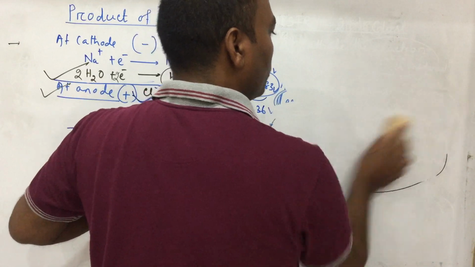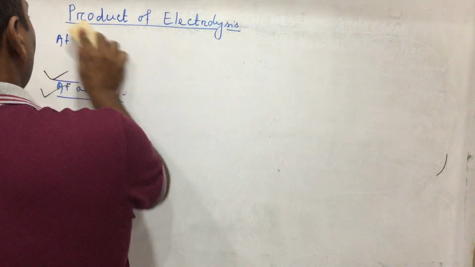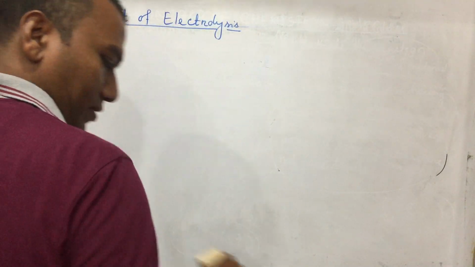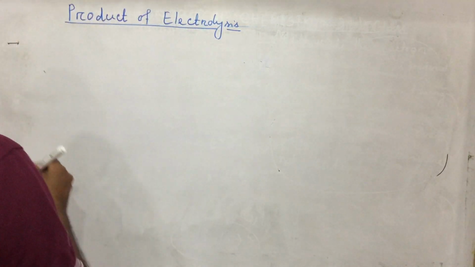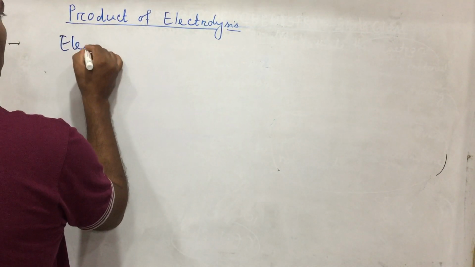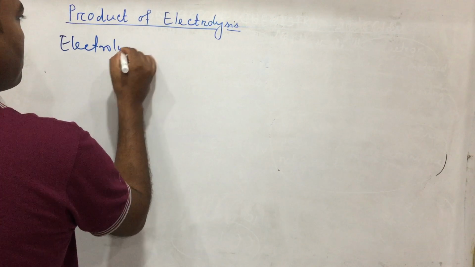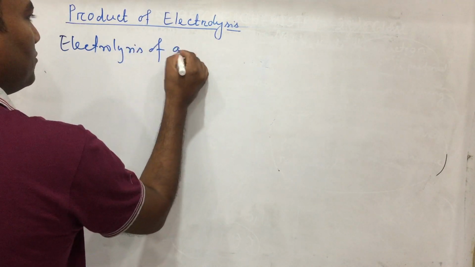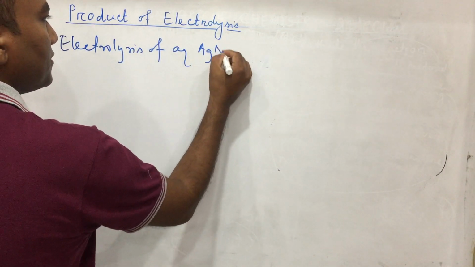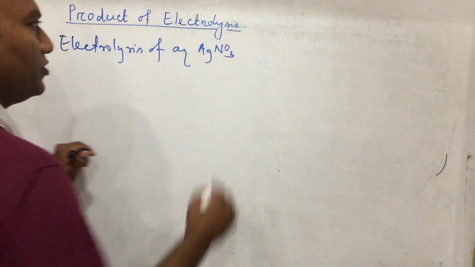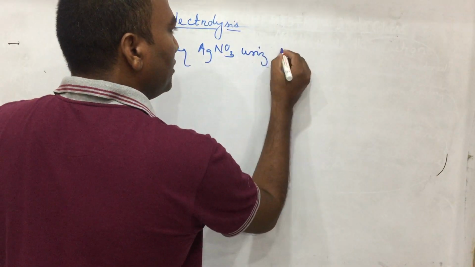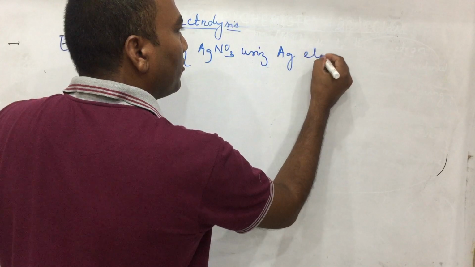Come to the third question. Suppose another question: electrolysis of aqueous AgNO3 using silver electrode.